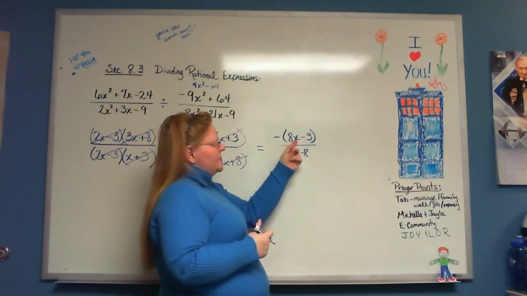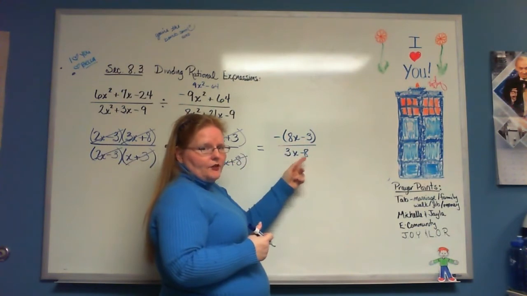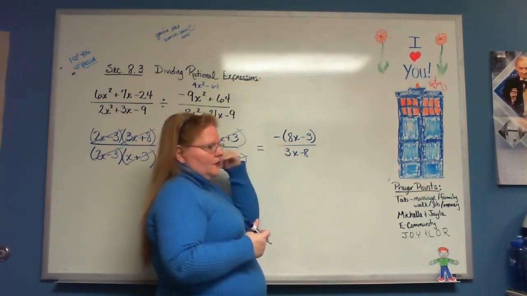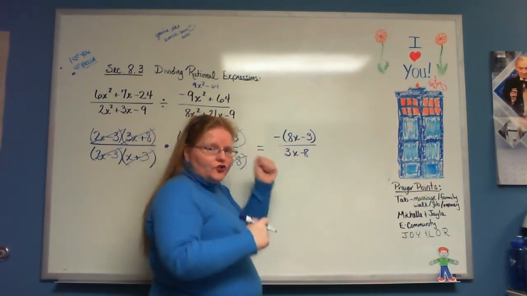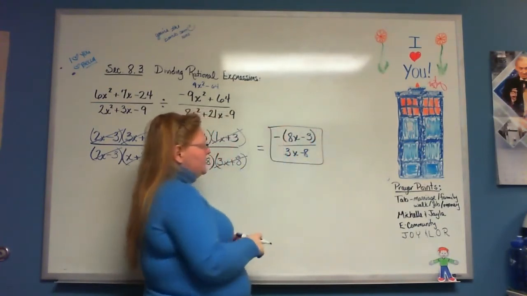But this x stays with the 8, and it's not with the 8 down here, so you cannot cancel any of this stuff out. They wanted you to see it. They wanted you to fall for it. Don't do it. That's it.